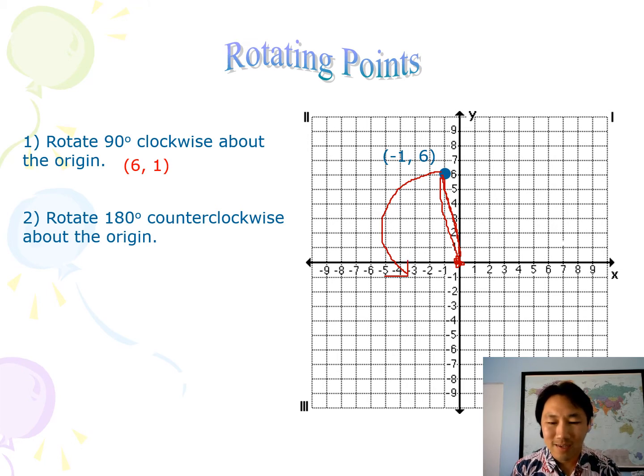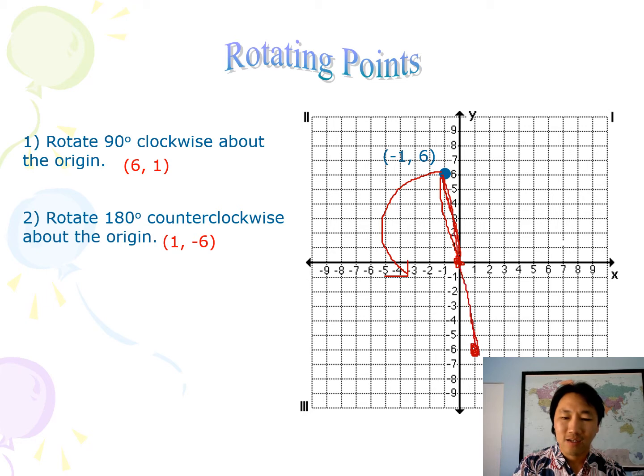Where do you think it will land? At 1, -6. It actually landed right there. And if you think 180 degrees makes a straight line, so there's our straight line.